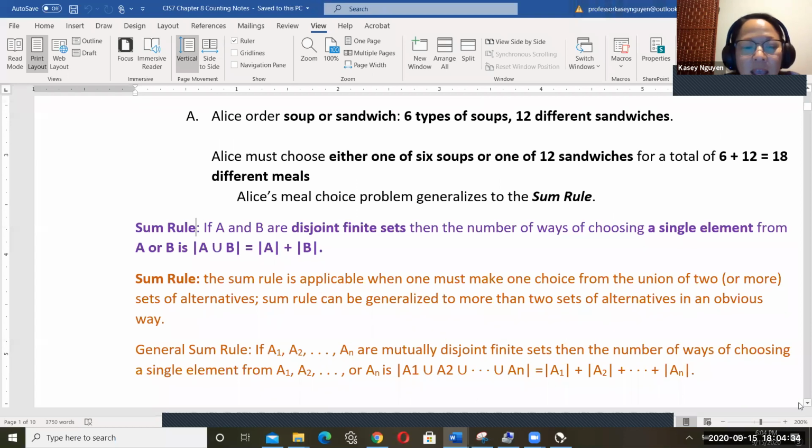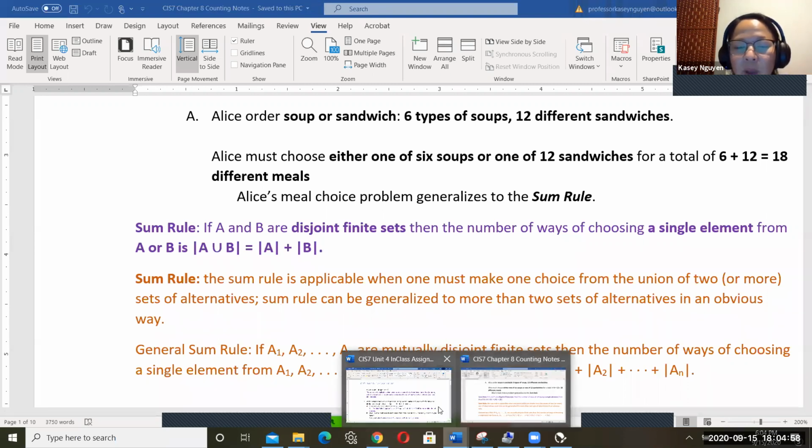The sum rule can be generalized from 2 sets of alternatives in an obvious way. So when you have to select one or the other from 2 or more groups, you would use the sum rule.